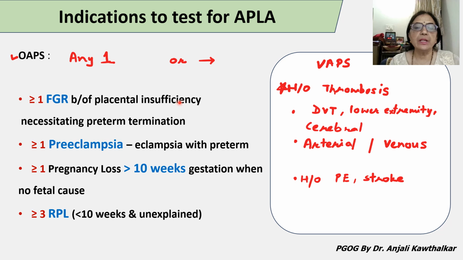Any one of these is an indication to test the patient for antiphospholipid antibody titers. Or if there is a history of vascular antiphospholipid syndrome, such as deep vein thrombosis in the lower extremity, cerebral arterial thrombosis with a history of stroke, or pulmonary embolism.